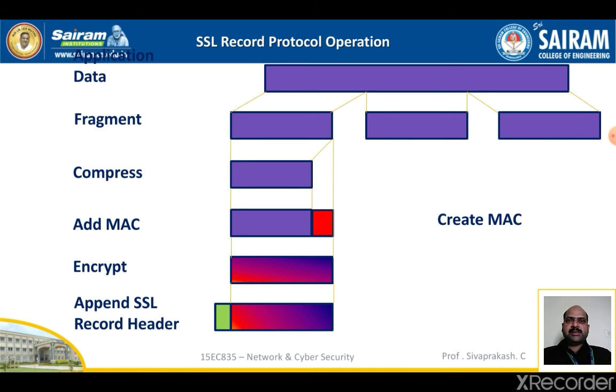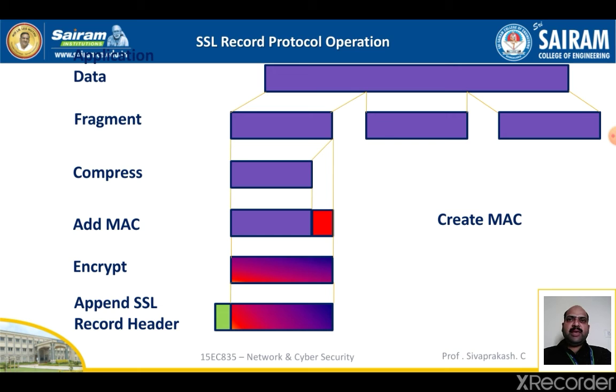Next, the compressed message plus the MAC are encrypted using a symmetric encryption algorithm. Encryption may not increase the content length by more than 1024 bytes, so that the total length does not exceed 2 to the power of 14 plus 2048.